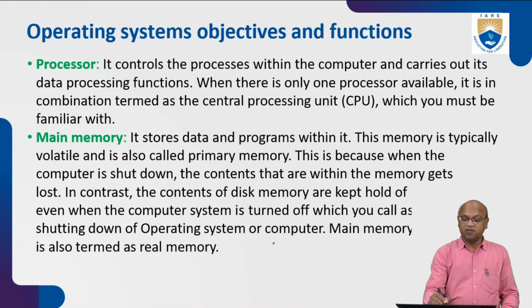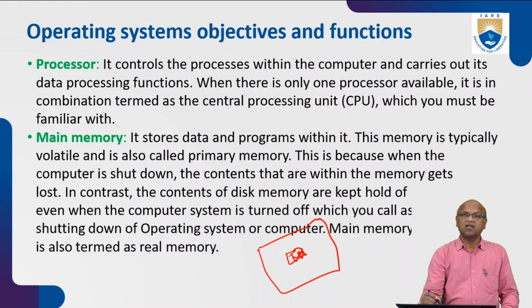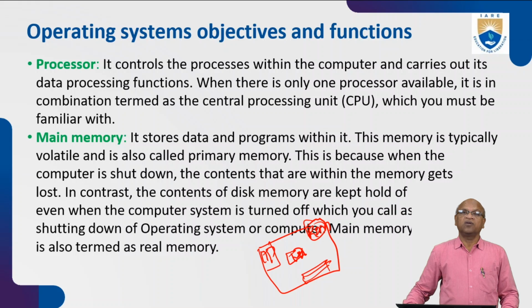If you look at the motherboard, we have the processor, that is your microprocessor, and the main memory, that is your RAM slots, the hard disk, and your RAM or ROM. If you look at this motherboard, you will find the different components like this.